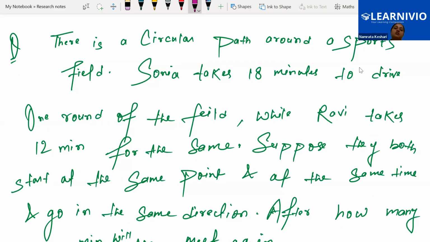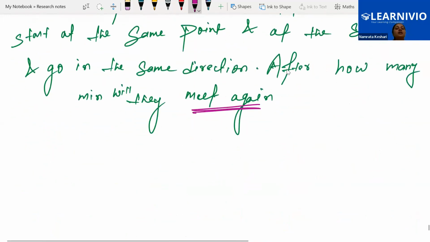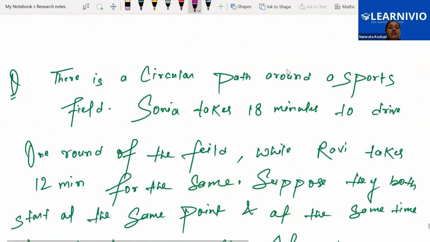Whenever we are having this type of word problem, where a story is there, one person is taking this much time to do a certain work, and another person is taking a different time to do the same work, and both are starting at the same time at the same place, and the question is after how many minutes or hours will they meet again, then we just have to find the LCM of the given numbers.